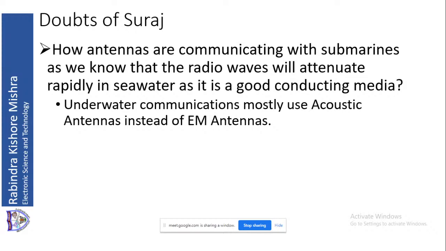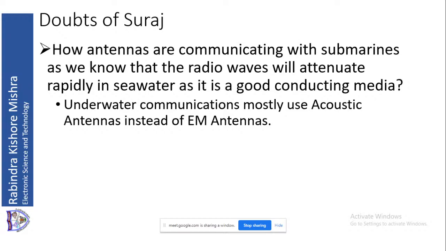So we use acoustic antennas instead of electromagnetic antennas in underwater communication, and we use a hybrid of these two, electromagnetic and acoustic, for underwater to shore communication. So this part is hybrid, this part is electromagnetic, that part is acoustic in nature.